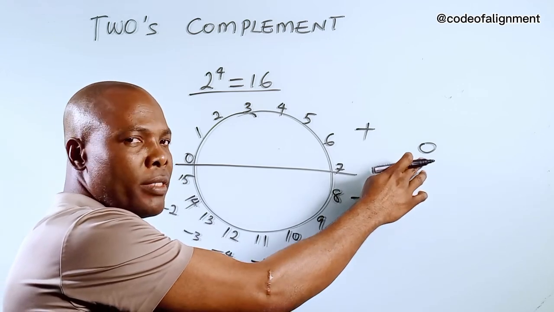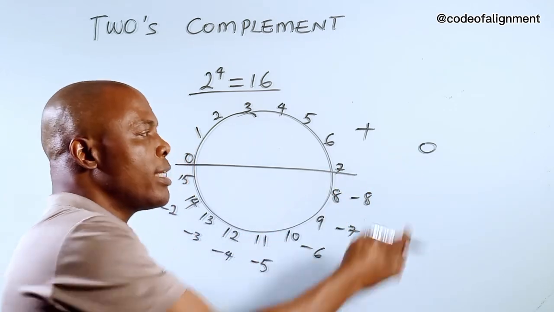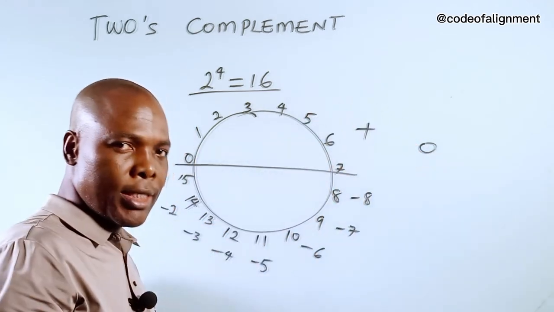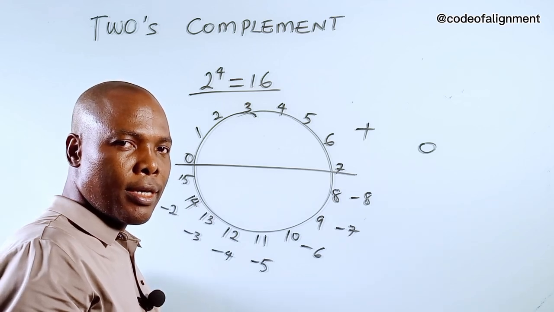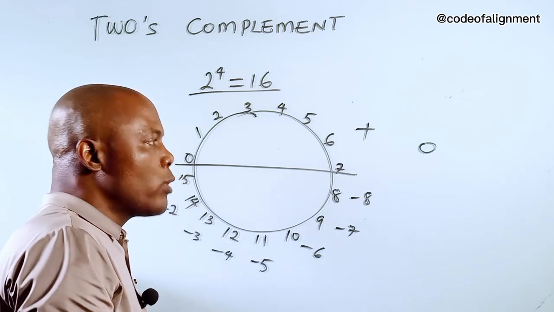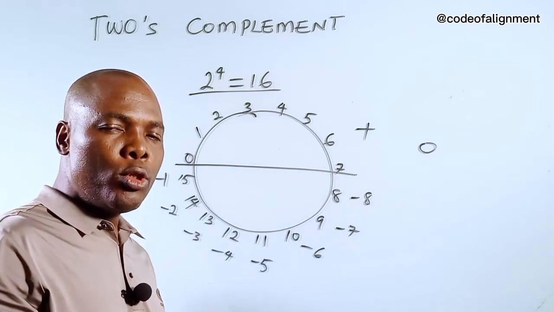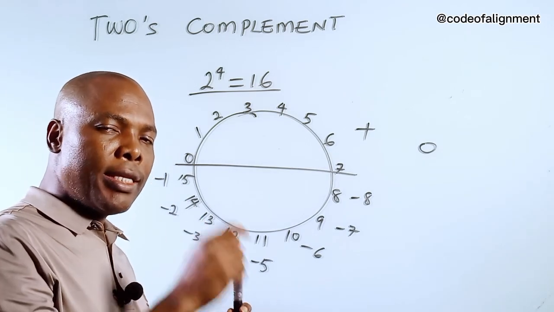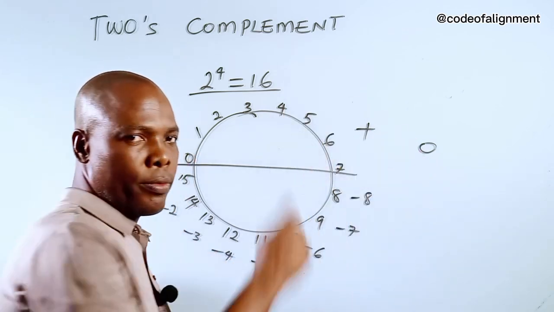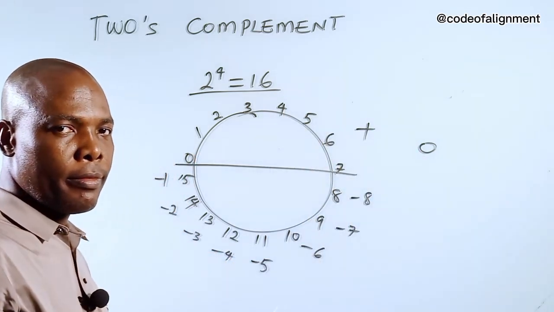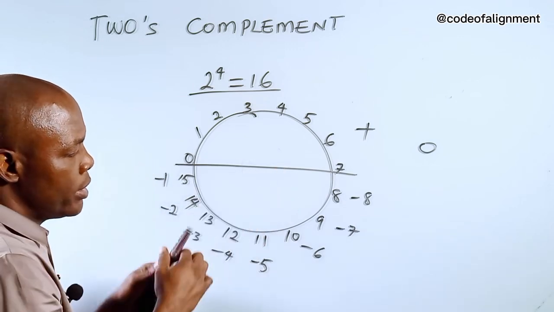This actually represents wholeness. This actually represents unity. So what we are saying is, when you add a negative number to its positive equivalent, the answer should be 0.